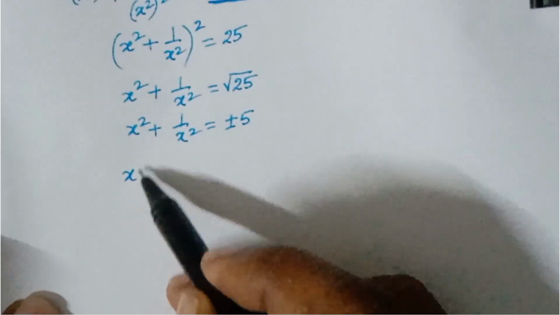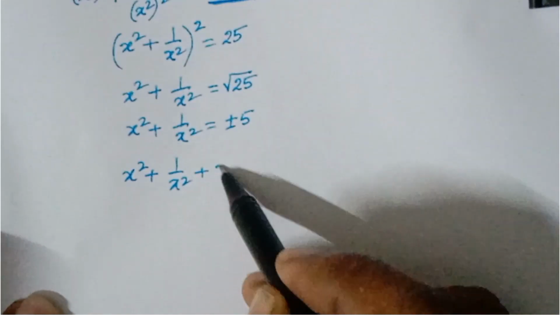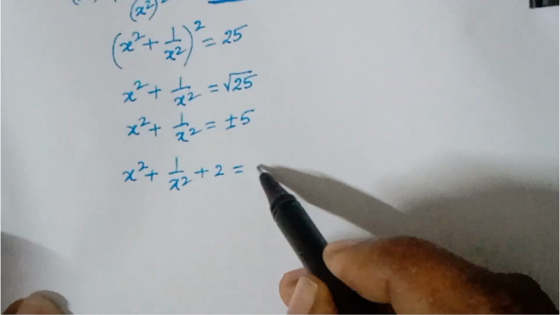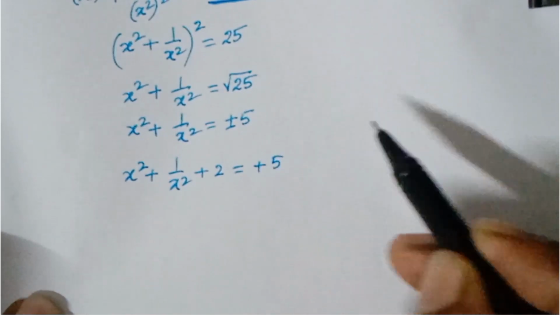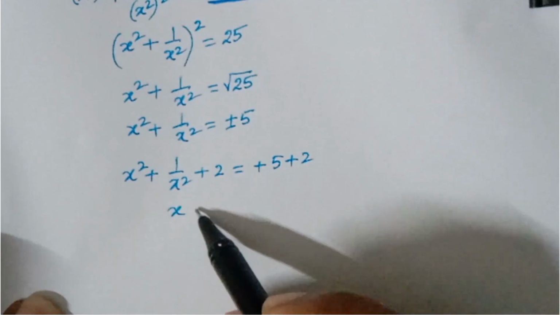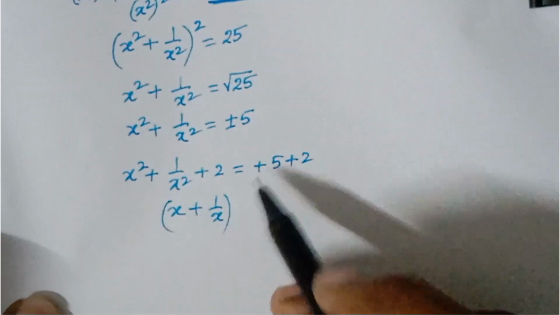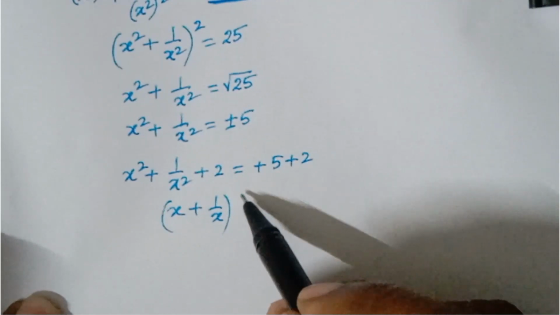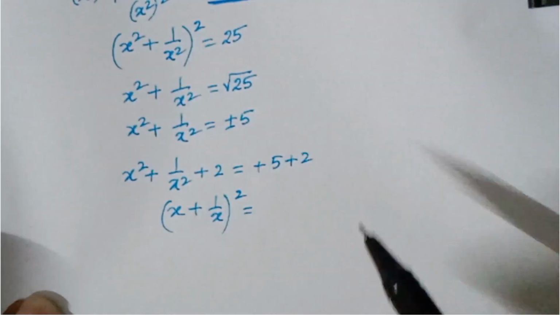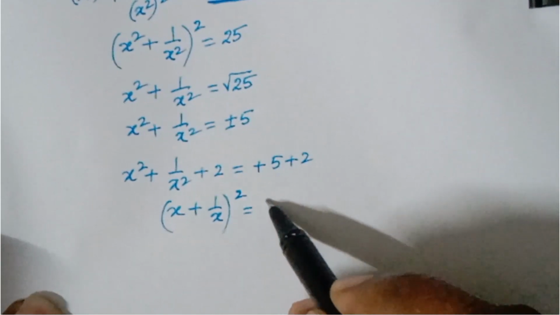Here also you can apply the same concept. X square plus 1 by x square plus 2 is equal to, taking the positive value here, 5 plus 2. This can be written as x plus 1 by x whole square is equal to 7.